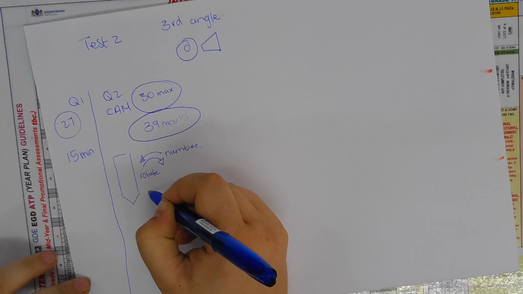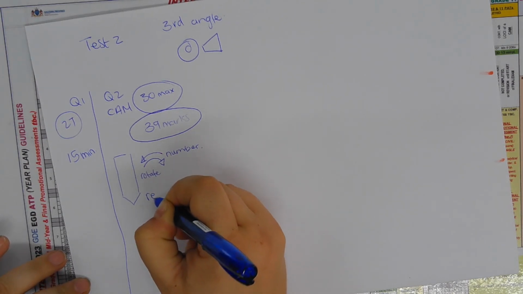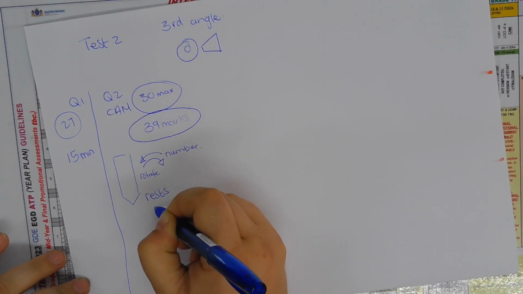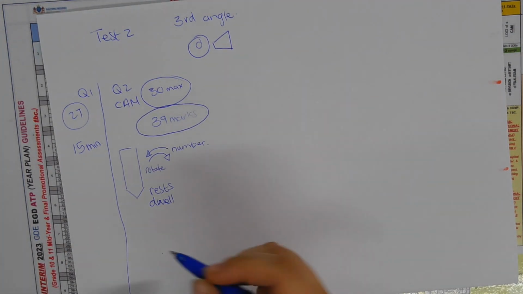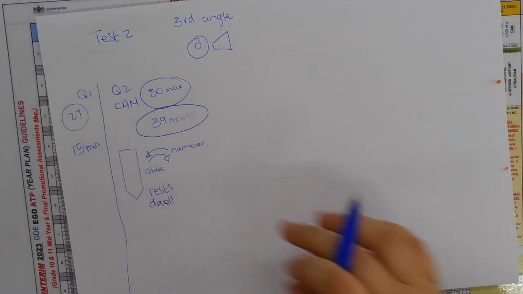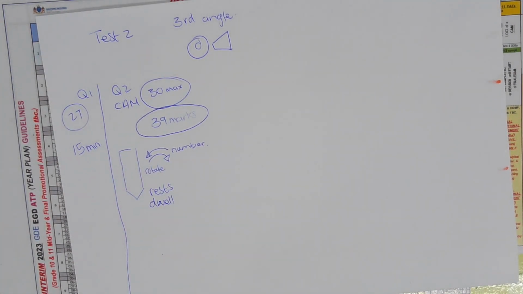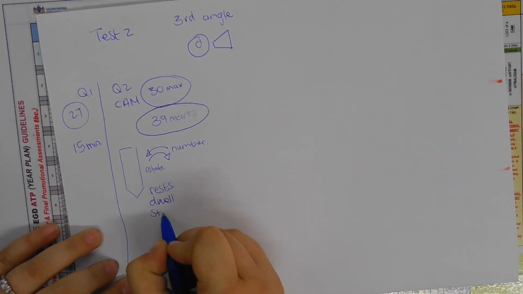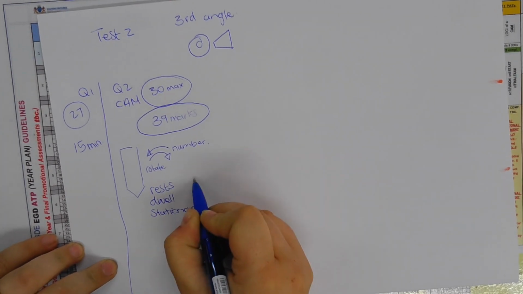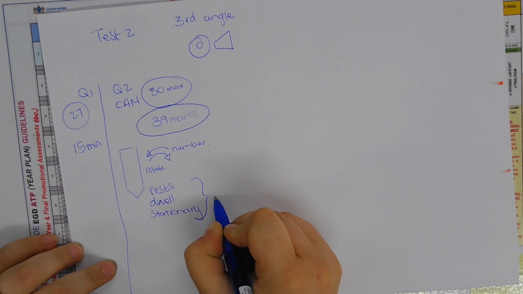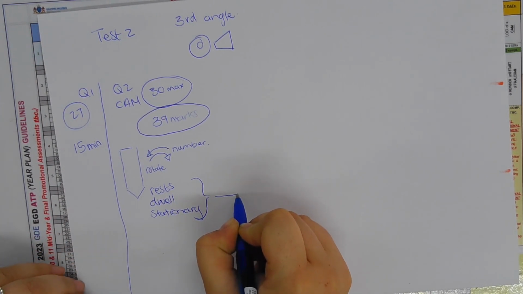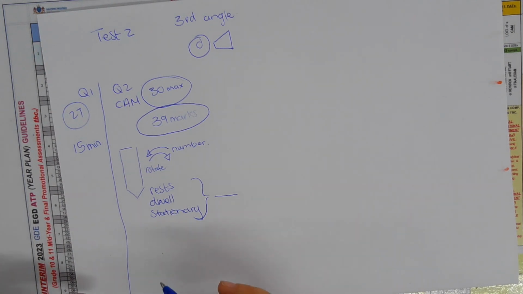So if it says it rests, it dwells, it remains stationary, these words all mean that your follower remains at the same height. It flatlines, it goes straight.